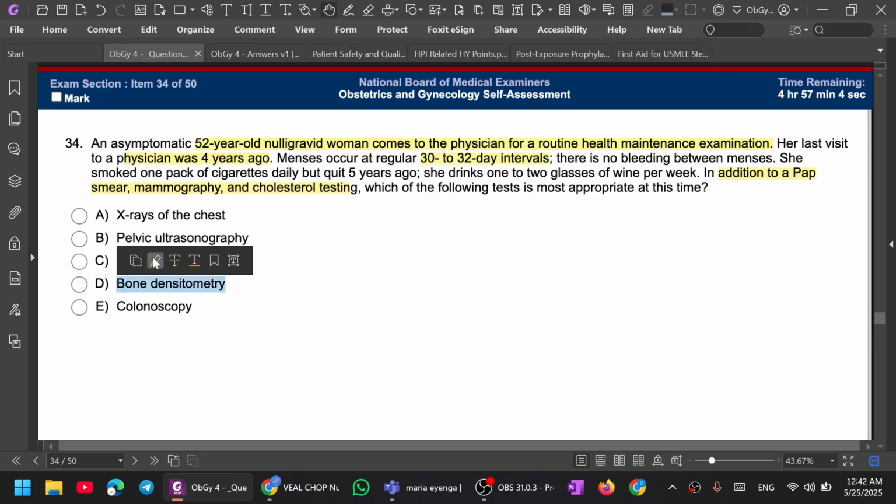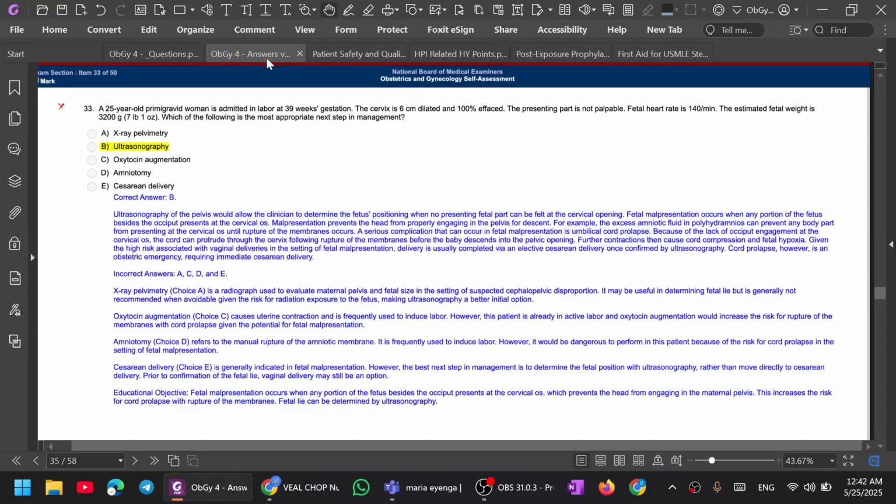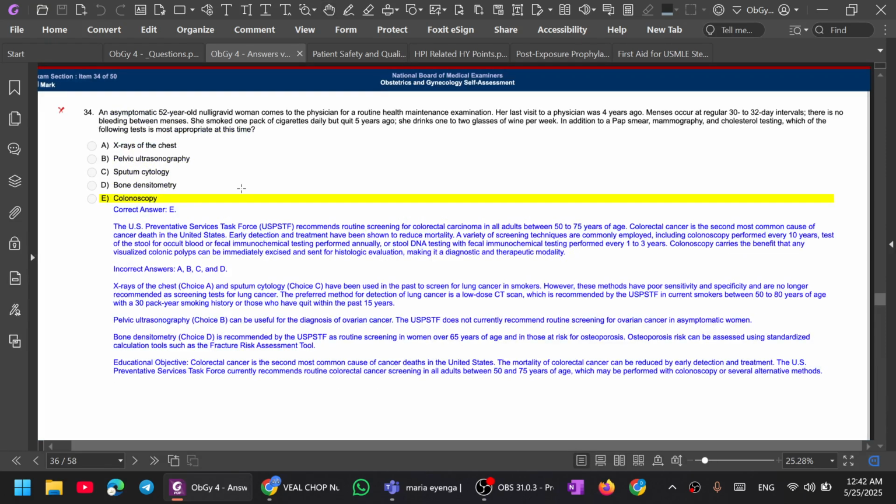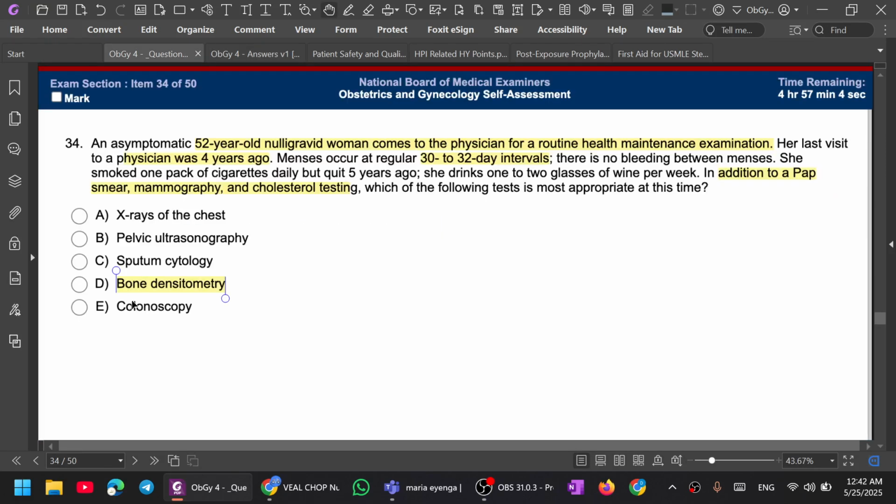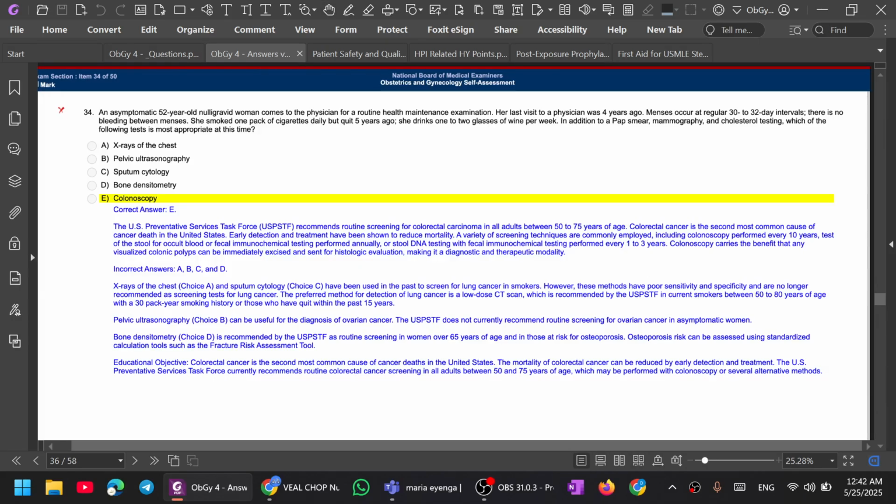Okay. So it's colonoscopy. USPSTF recommends routine screening for colorectal cancer in adults between 50 and 75. Colorectal cancer is the second most common cause of cancer death in the US. Early detection and treatment have been shown to reduce mortality.